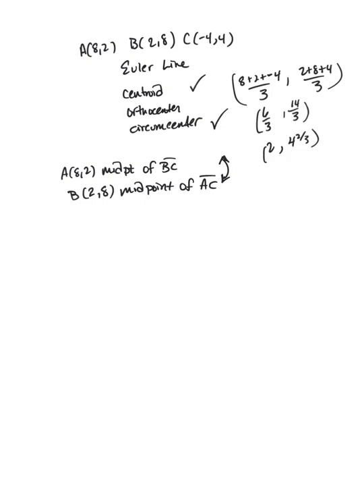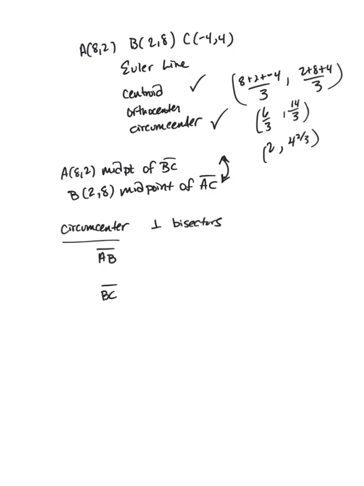Now as far as the circumcenter, think about what makes it up: two of the perpendicular bisectors. So the circumcenter is the intersection of perpendicular bisectors. Let's say we get the perpendicular bisector of AB and BC. Number one, we get the slope.